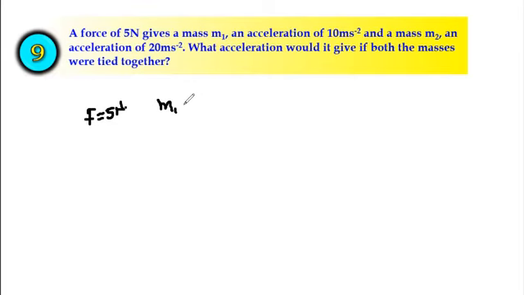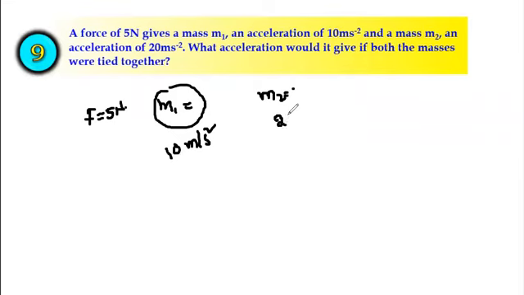We don't know the mass of the first body, so we call it m1. Its acceleration is 10 meter per second square, whereas for mass m2, whose mass we also don't know, the acceleration is 20 meter per second square, but the force is 5 newtons.